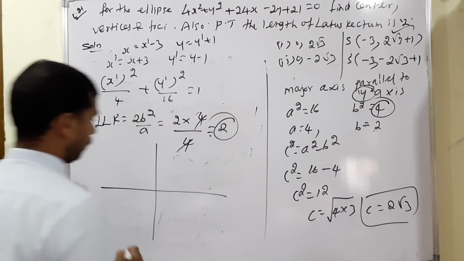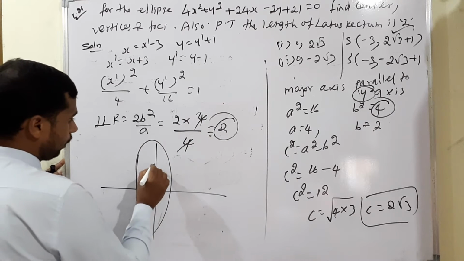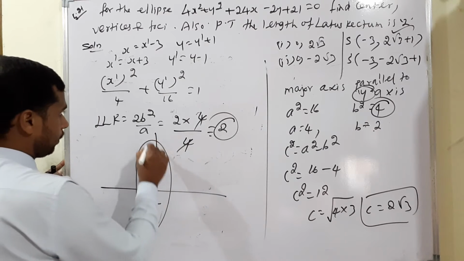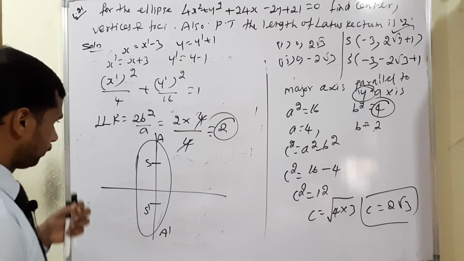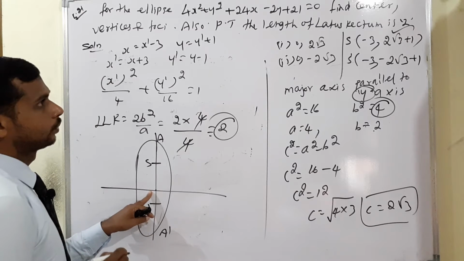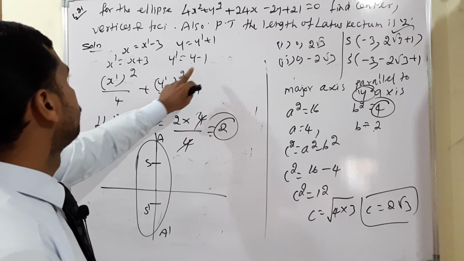Then I am moving to drawing the diagram, an ellipse parallel to the y-axis. Now this is S, the foci, this is S dash, then these are the vertices A and A dash. Now the center of the point we found, what is the value actually? Minus 3 comma positive 1.